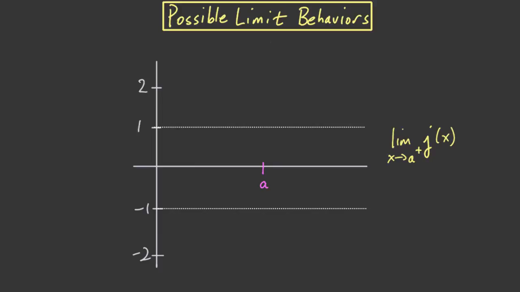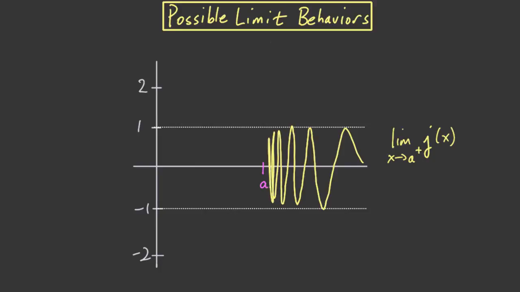As x was coming in towards the value, hopefully you saw that j of x just kept bouncing back and forth, going up and down, faster and faster, until it just kind of goes haywire as x comes in really, really close to a. So yeah, really weird. We'll try not to give you too many functions like this, but you should be aware that stuff like this can happen. And when it does, we'll also say that the limit from the right does not exist.